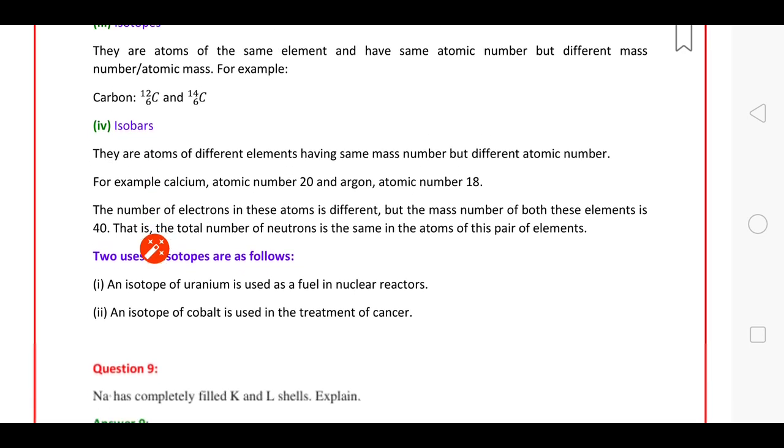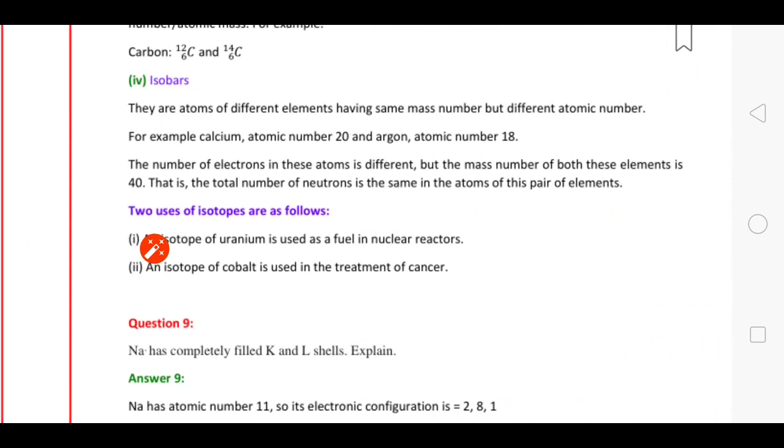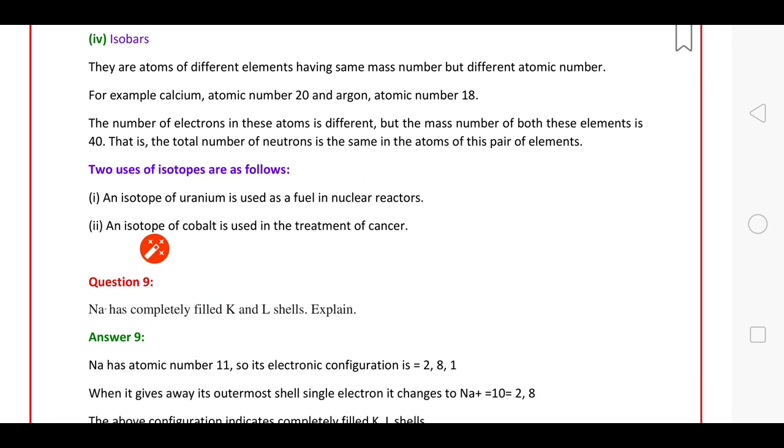What are isobars? These are atoms of different elements having the same mass number but different atomic numbers. So isobars are just the reverse of isotopes.